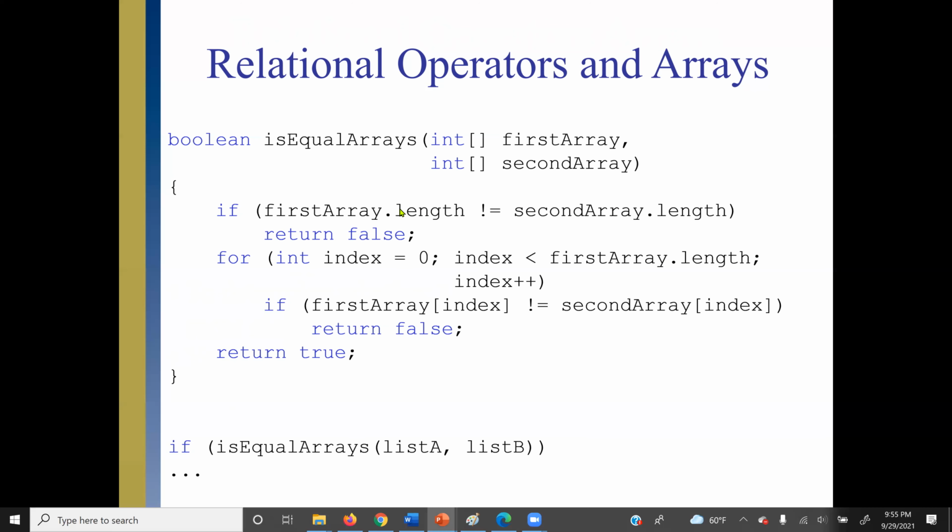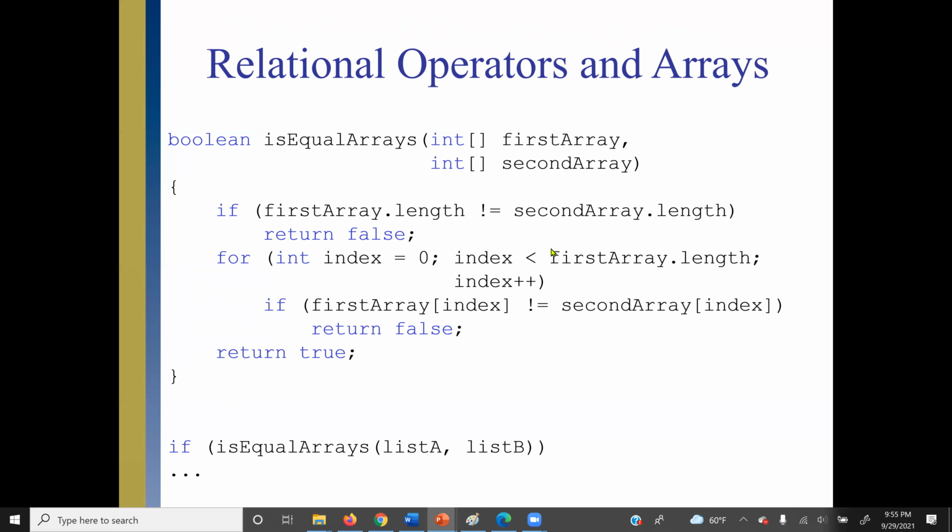So here we are saying the first array is not equal to second array, which means they don't have the same size. Then we return false because they cannot be equal. So before two arrays will be equal, their size must be the same. Other than that, if it's not false, then we move to the next line. So we go through the index from 0, which is the first element in the array named first array.